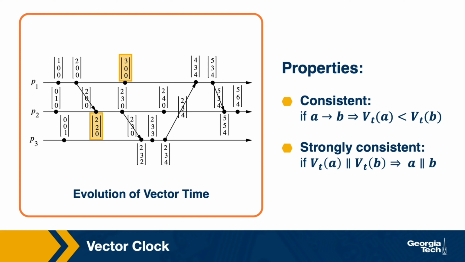And indeed, these two elements also had the same clock values when we showed this example with the Lamport clock. They were both 3. Now, let's look at these two events. The event at process 1 has timestamp 300, and the event at process 2 has a timestamp 230.